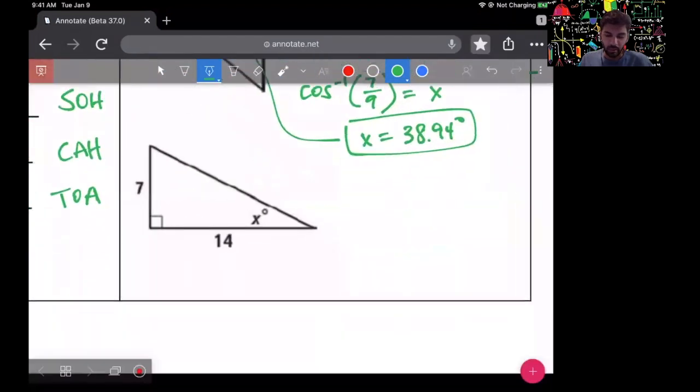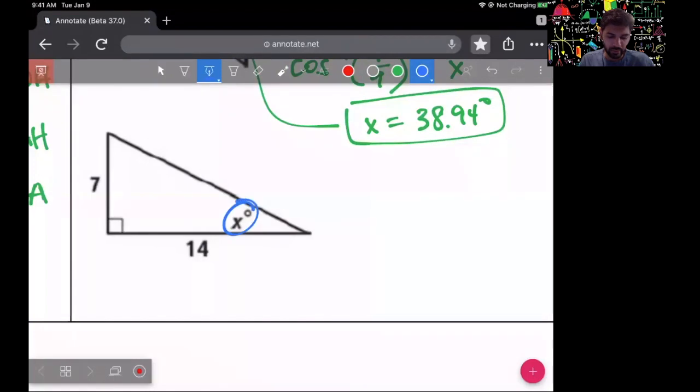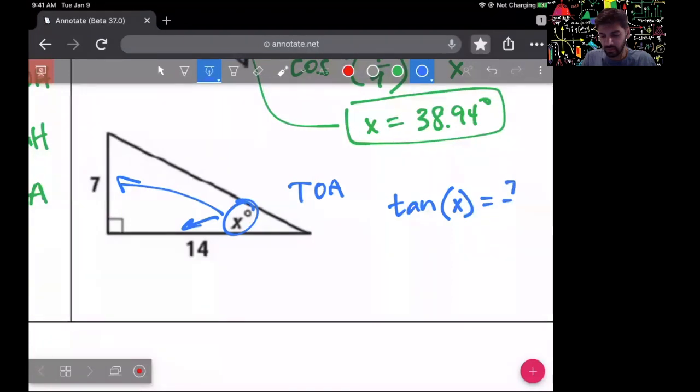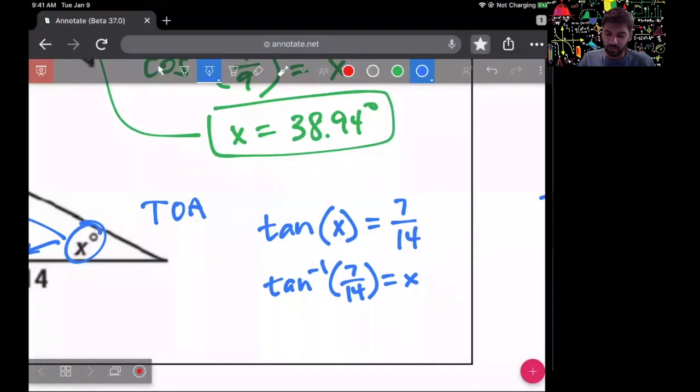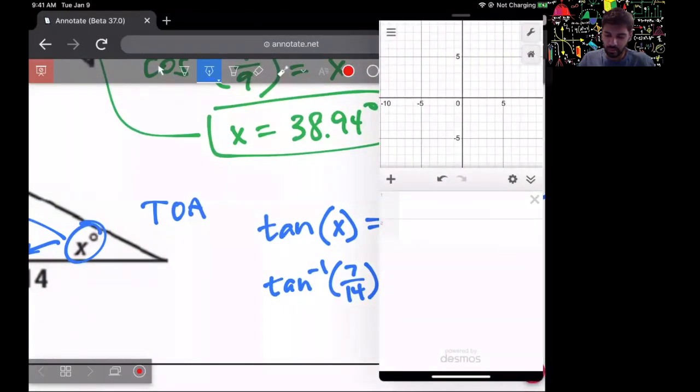All right, last one down here. We've got angle x, opposite over adjacent. This is OA, so TOA, tangent is what we're using here. So the tangent of x is equal to 7 over 14. Now I use inverse tangent. So tangent with a little -1, put 7/14 inside of there, and then put equals x. Real quick, let's double check this.